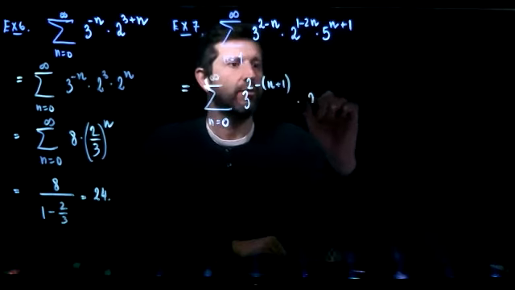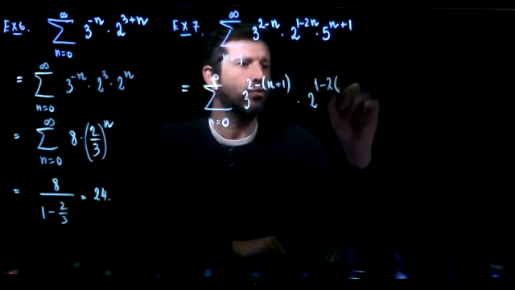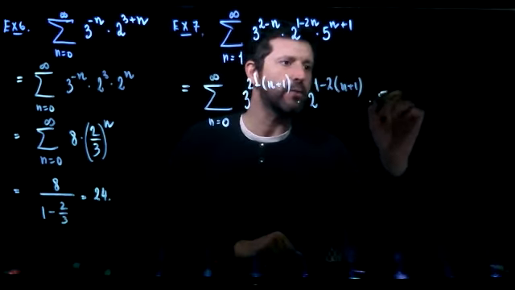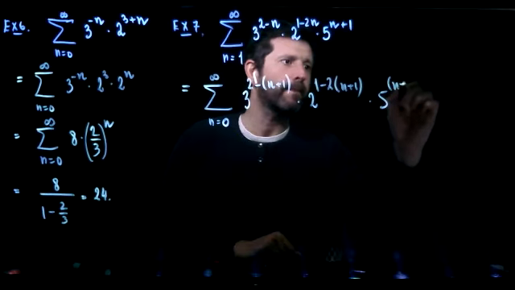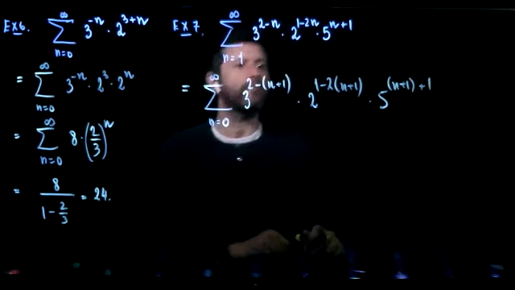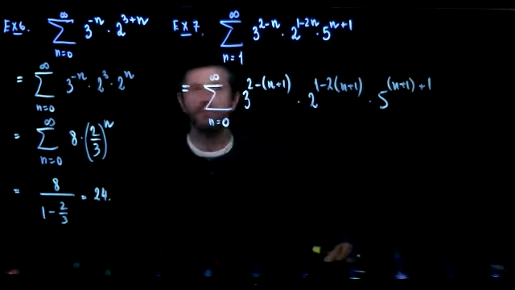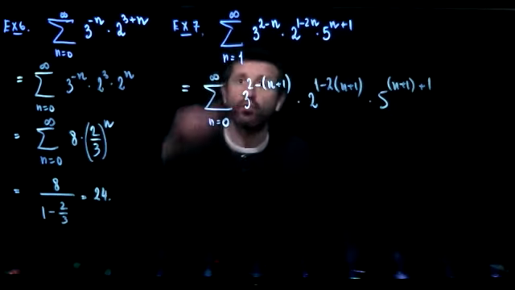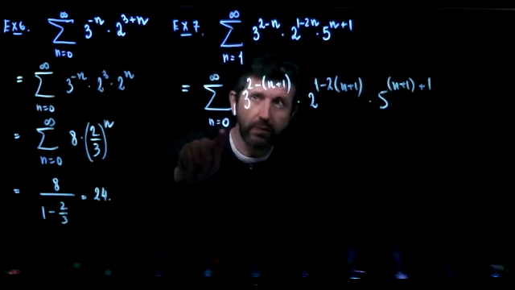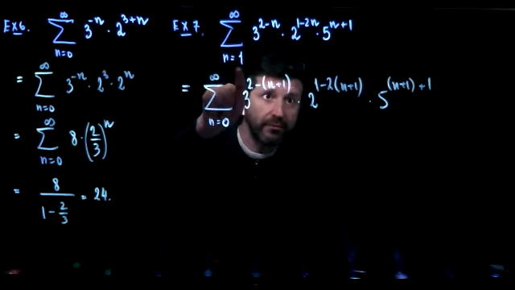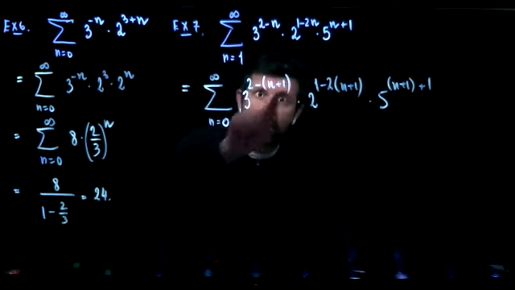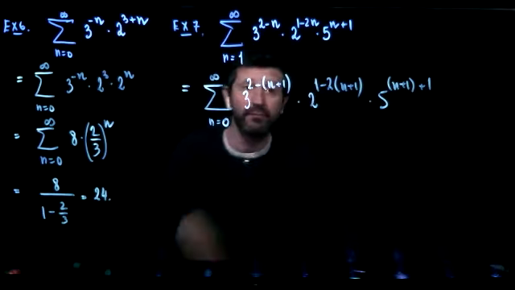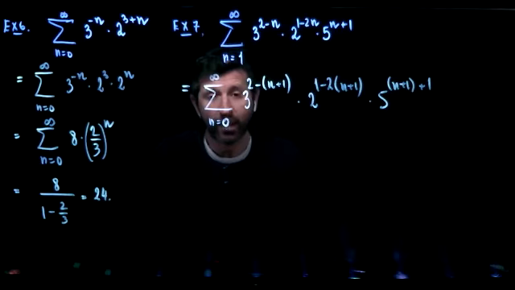Same thing here: 1 minus 2 times, the n becomes n plus 1, and this n also becomes n plus 1. So that's your first step, to make it start at 0. If it started at 5, you would put a 0, and every n you would do n plus 5. Is that okay?